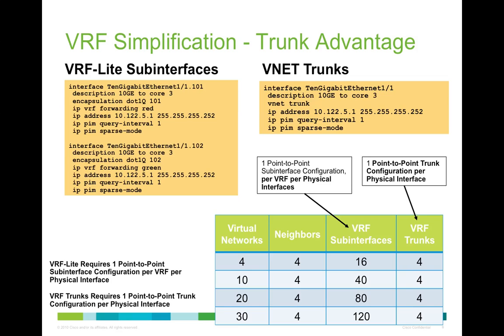Well, with EVN, you're able to have only 4 VRF trunks. Again, the VNet trunk command you only need to put on one physical interface, so it's one point-to-point trunk configuration per physical interface, significantly reducing the configuration size and complexity.